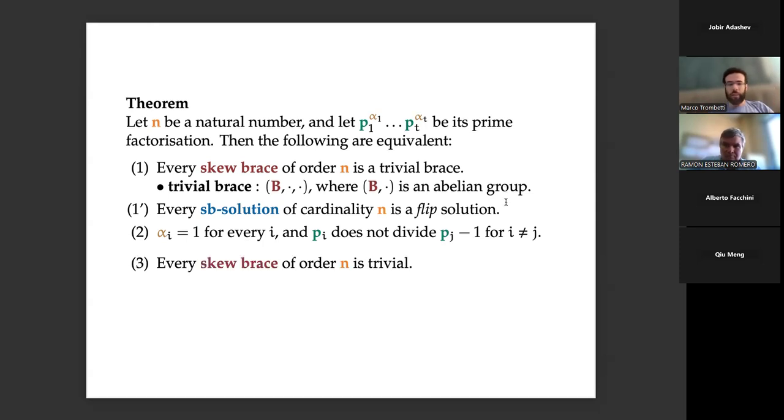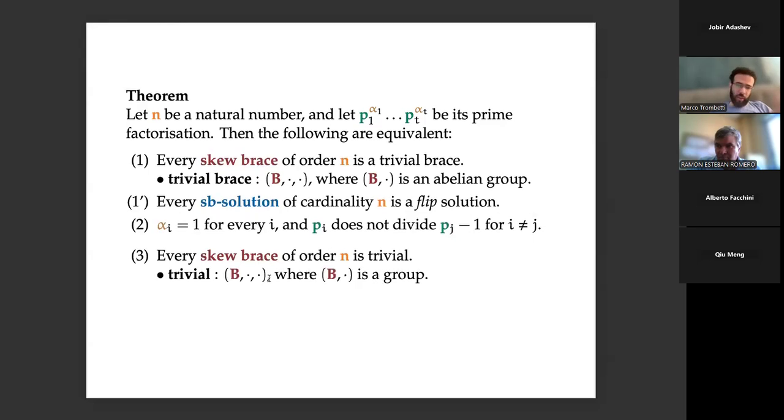Well, this is equivalent to the first condition. It's equivalent to asking that all skew braces are trivial and of abelian type. So you cannot get any more orders if you just ask this.